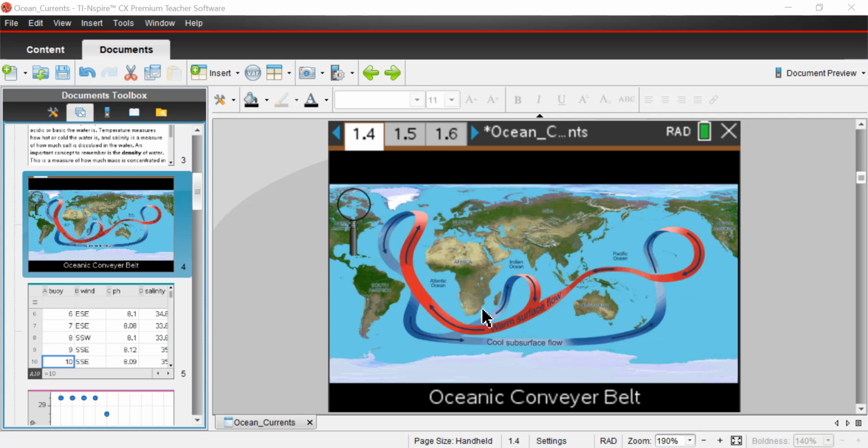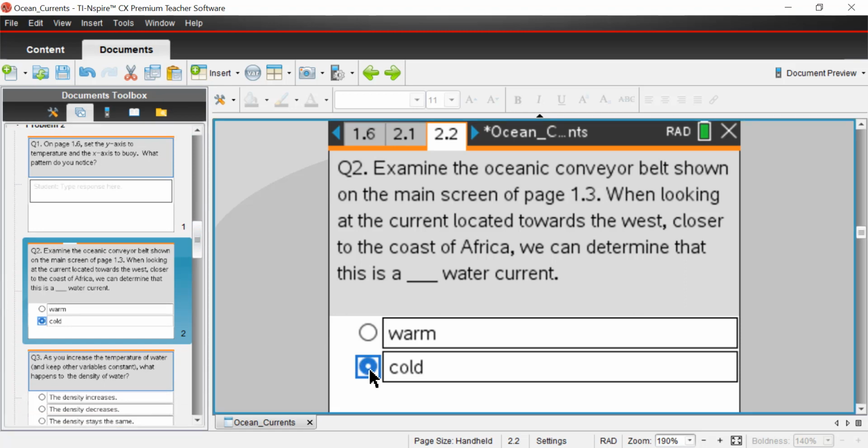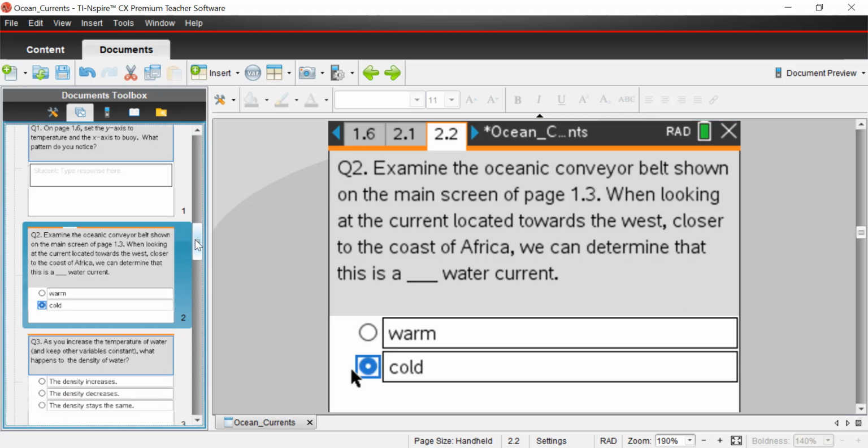This is the coast that the question's asking about. And if you look at that oceanic conveyor belt, you'll notice that the current that's flowing up along that coast is blue, which indicates that it's cool or cold water. So question 2 would be cold. This is a cold water current.